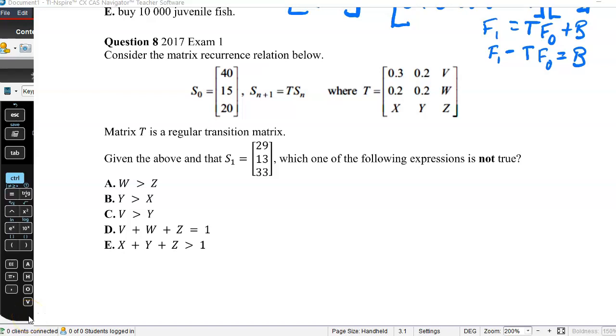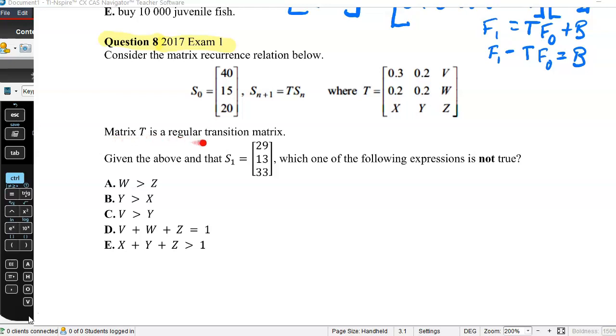So let's look at this question from the 2017 Exam 1, Question 8. The hardest, or judged the hardest, question in the matrices module. Consider the matrix recursion relation below. We've got S0, our initial matrix, 40, 15, 20, and Sn+1 equals T Sn, where our transition matrix is this here.